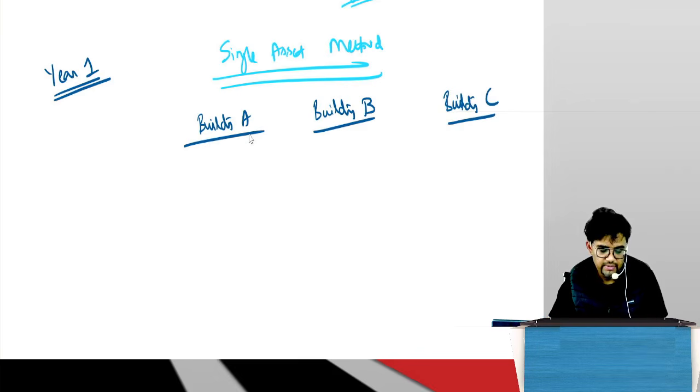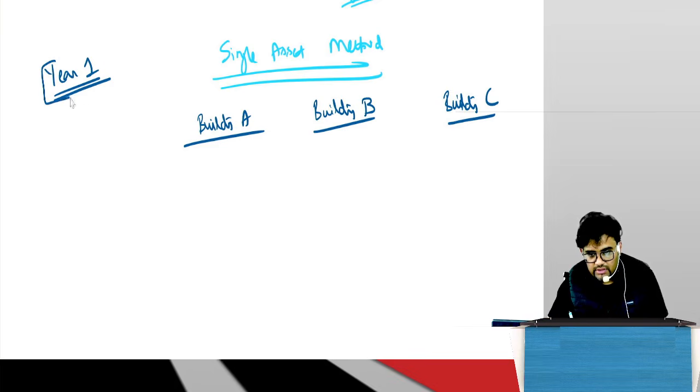Building A, building B, building C. This is single asset method. Is this what is followed now? No, it is followed from 1987-88. From 97-98, 37-38 years ago, what is followed till now is something else, which I will do later using this example only.